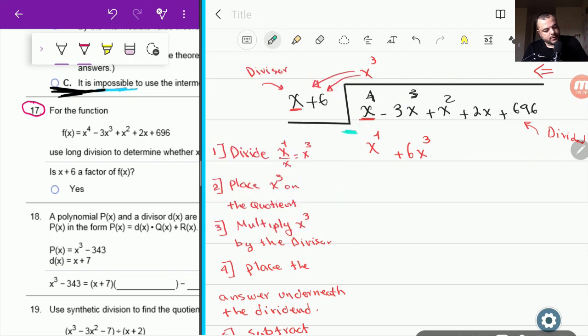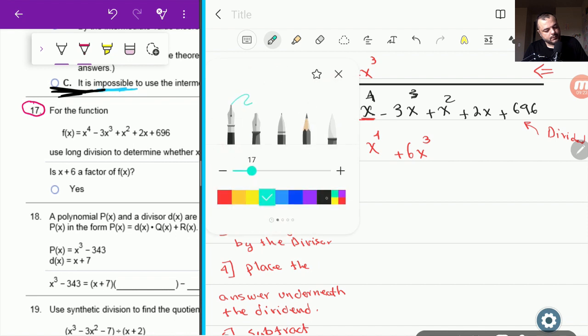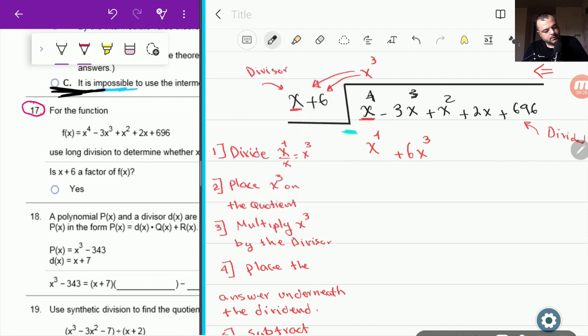This is a big minus. So x to the power of 4 minus x to the power of 4 is 0. Negative 3x cubed minus 6x cubed is negative 9x cubed, because remember, it's a minus here, right? Negative 3x cubed minus 6x cubed is negative 9x cubed.